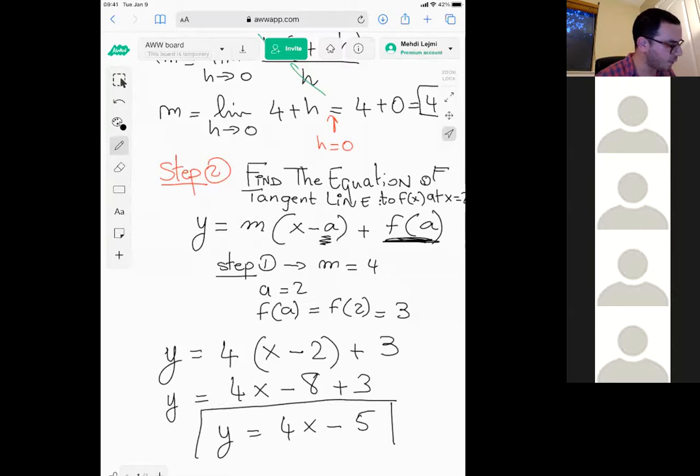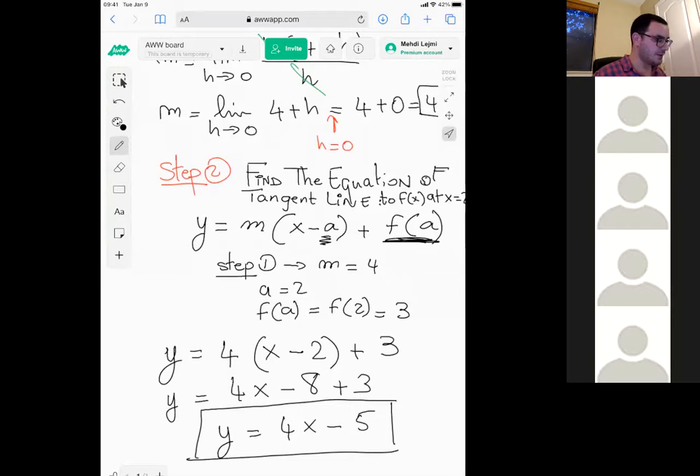So this is the equation of the tangent line to f of x at x equal to 2. And again, I think I did this last week, but we can check that. Of course, this is the equation of a line, right? Like if you have ax plus b, that's the equation of a line. You have 4x minus 5.